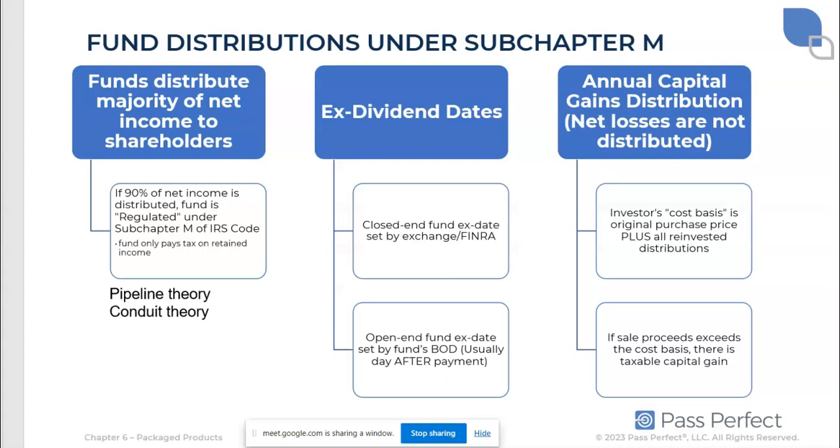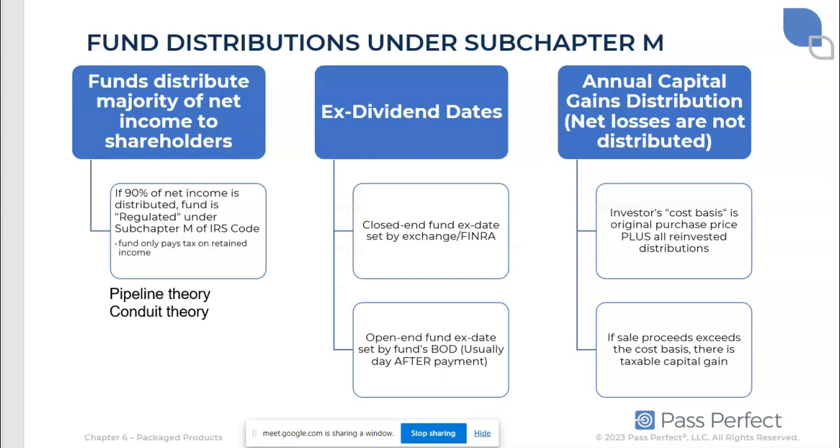Okay, now what happens if they don't distribute 90% of it? Then it becomes an unregulated fund under Subchapter M, and there are some tax consequences. If it was unregulated, even if they distribute just 89%, the fund must pay taxes on 100% of the net investment income, all of it, what they distributed and what they didn't.